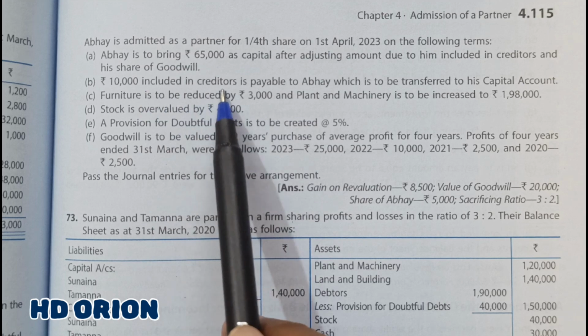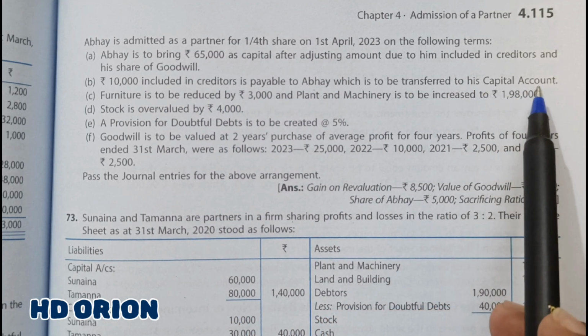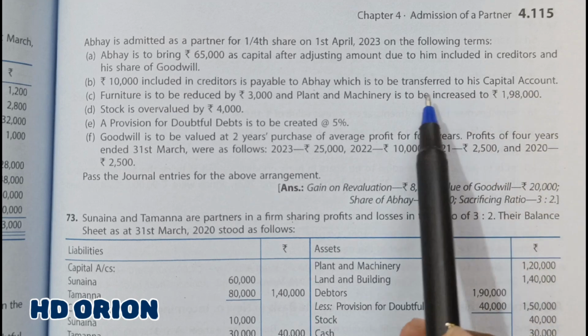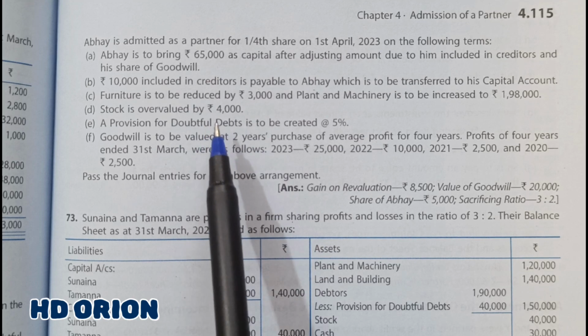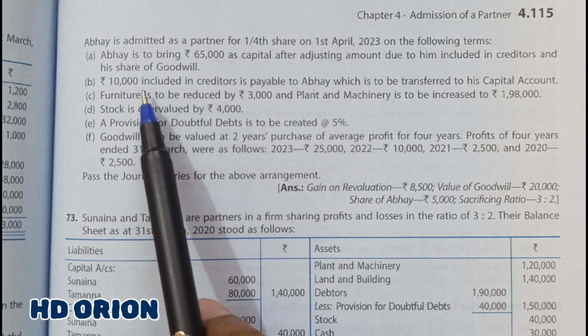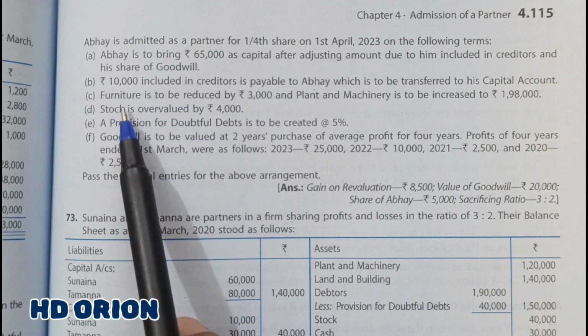Rupees 10,000 included in creditors is payable to Abhay, which is to be transferred to his capital account. That is, it is clearly stated here that from creditors 10,000 rupees is to be converted into capital because this creditor Abhay is now a partner.